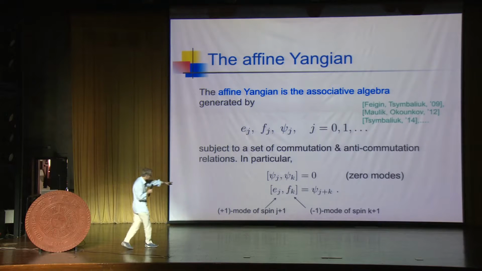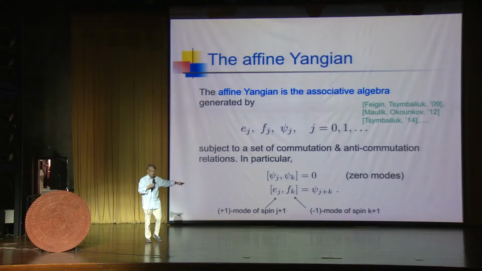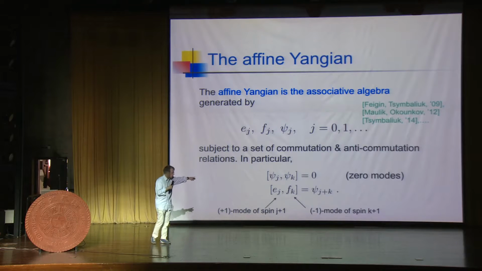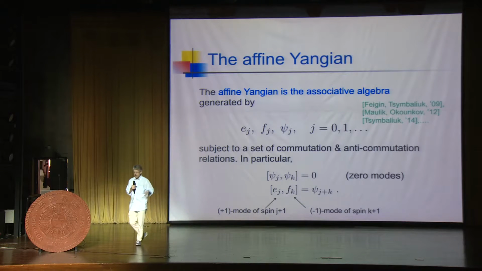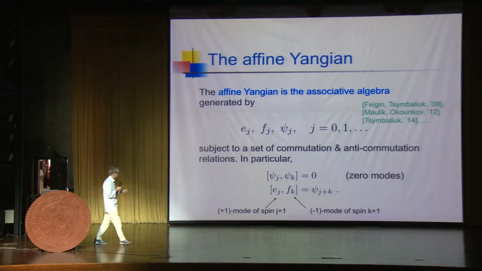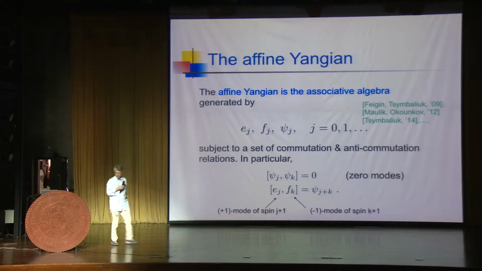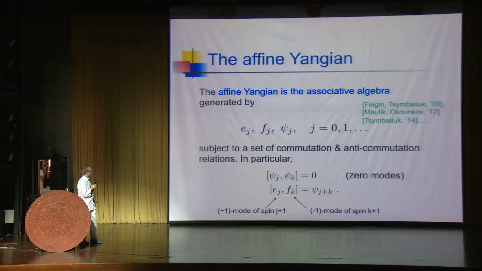This is to be taken with a grain of salt, as we shall see later on. It's not strictly true, but roughly speaking, these generators are the plus 1 modes of the spin fields of spin j plus 1 and k plus 1. And that makes sense because the commutator of a plus 1 mode with a minus 1 mode gives you a 0 mode. So this relation makes some sense.